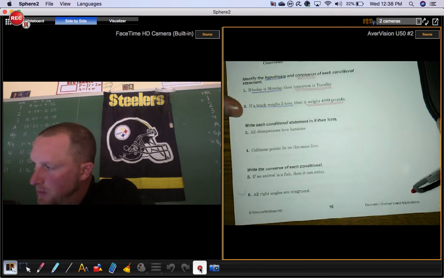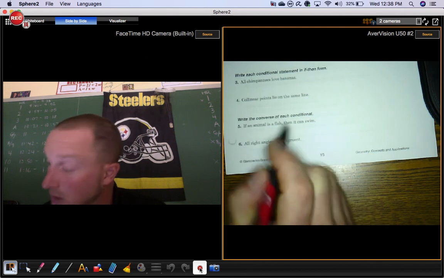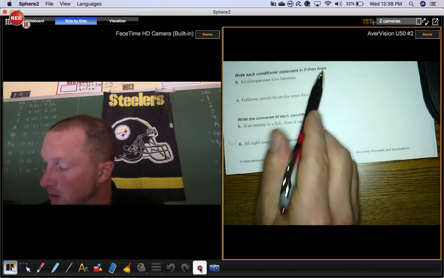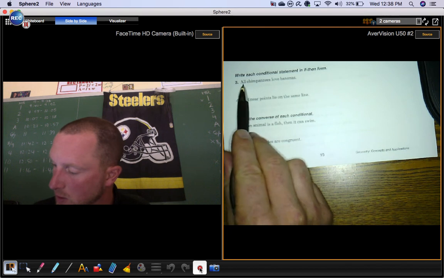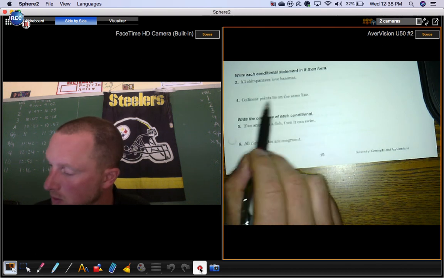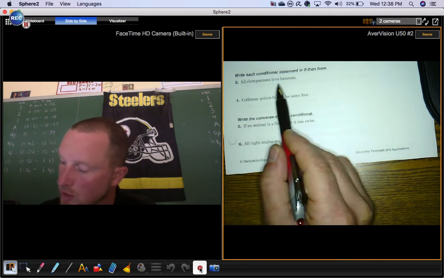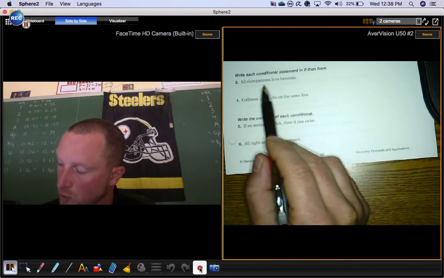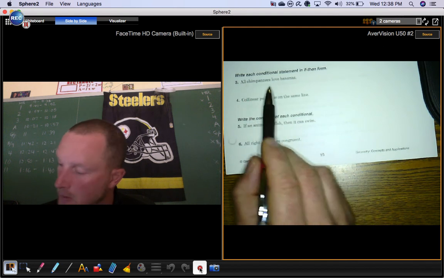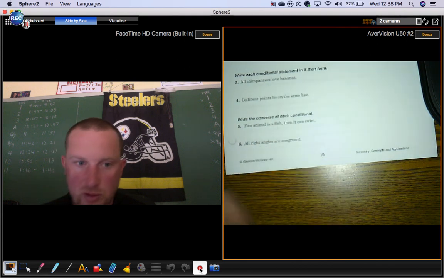Number three, they ask you to write each conditional statement in an if-then form. So notice how this statement doesn't have the word if or then. Neither does this one. So you need to transform it into a form where you have the word if, then you talk a little bit about the hypothesis, and then the conclusion.